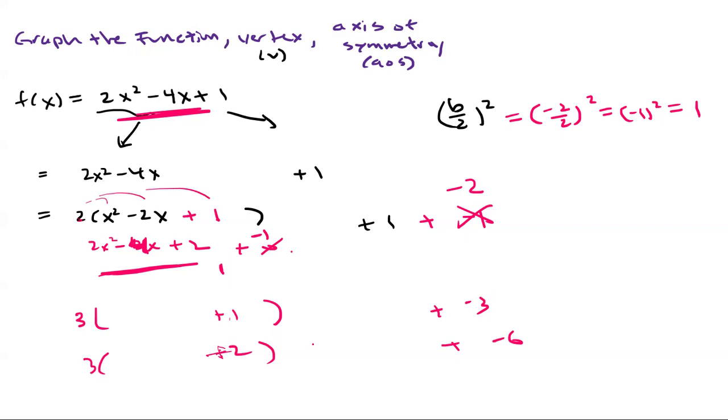Same thing for this: if we had a positive 2 in here, we have to factor in that 3, so 3 times 2 is 6. We would add the opposite of that, which would be minus 6. The key part is making sure that we factor in that 2, which we had factored out originally.